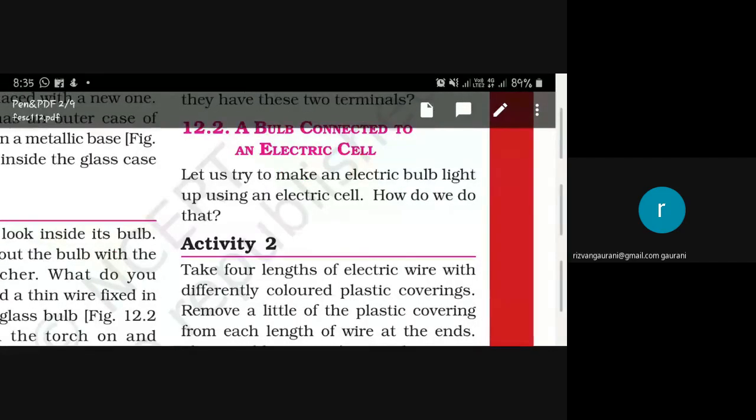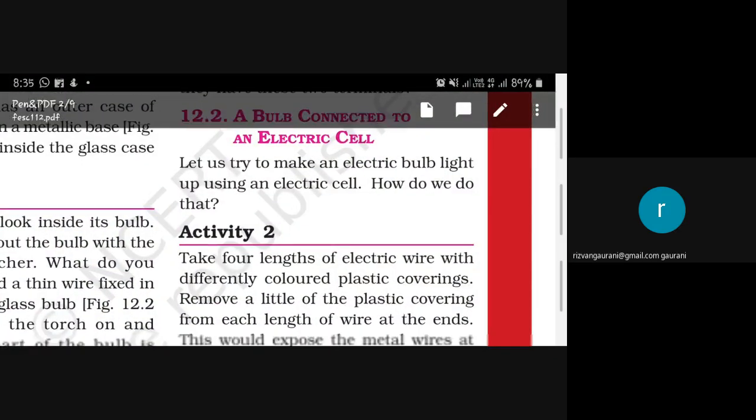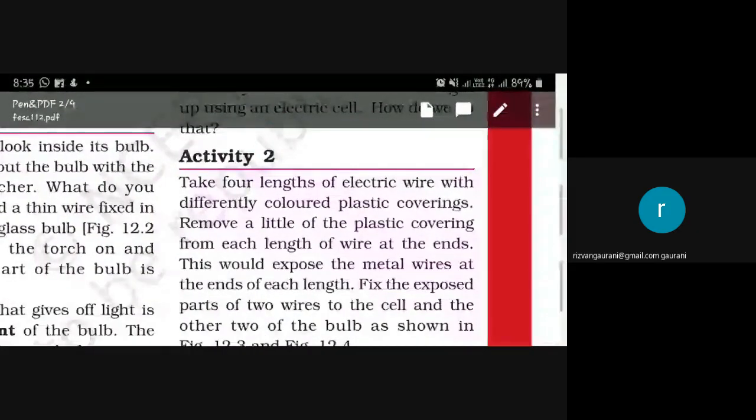Okay, Tanvir, yes, continue. Let us try to make an electric bulb light up using an electric cell. How do we do that? Activity 2. Take four lengths of electric wire with differently colored plastic coverings.